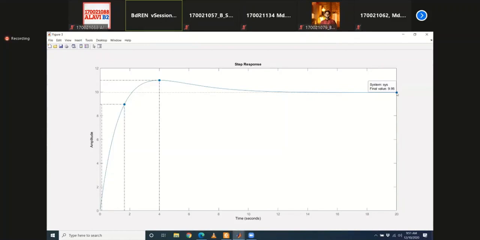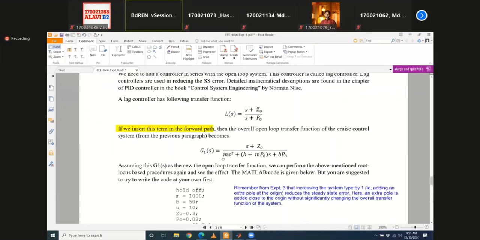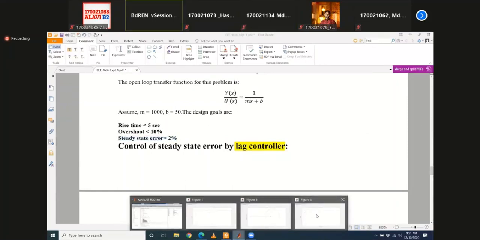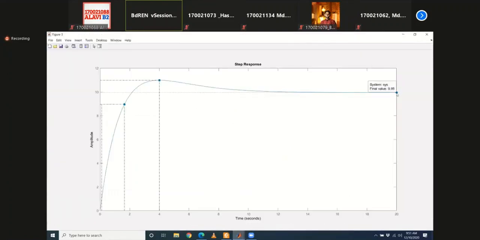So what is the steady state error? 0.05, which is equal to 5%. So has that been fulfilled? No, sir. I don't think it's 0.05 or 0.005. Is it 5% or 0.5%? Can anyone please calculate the percentage difference between 10 and 9.95?